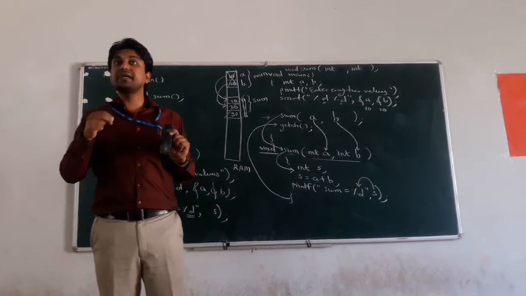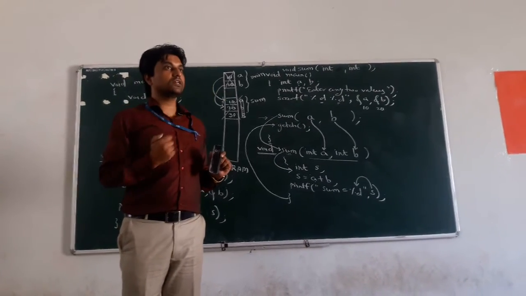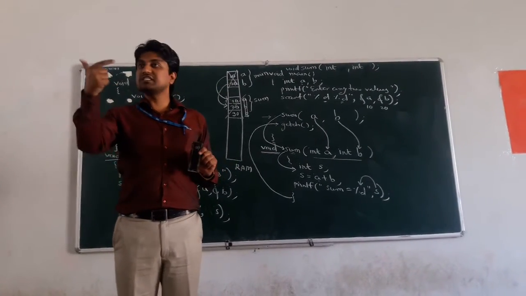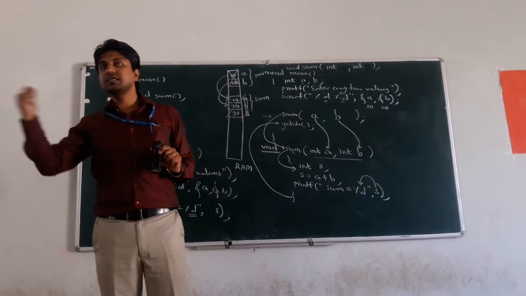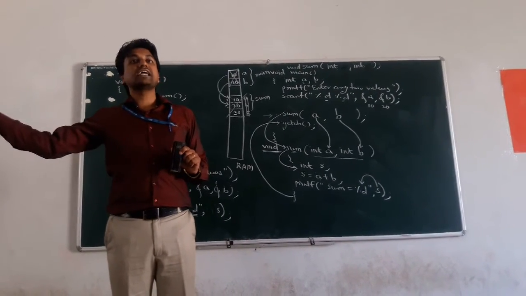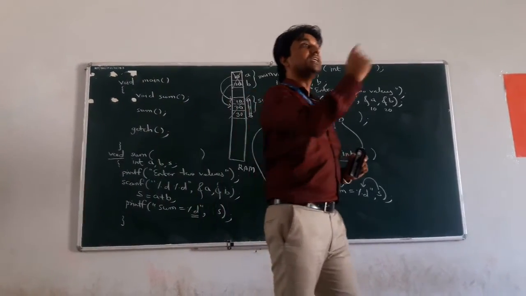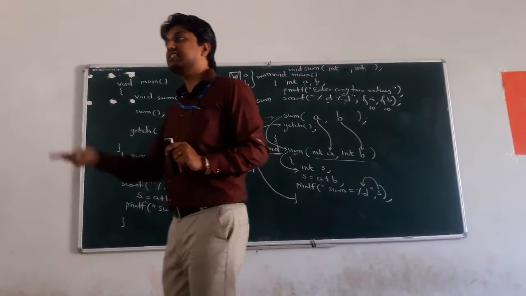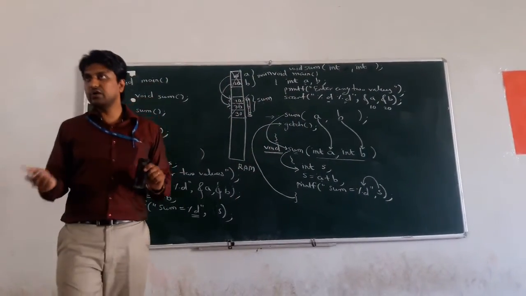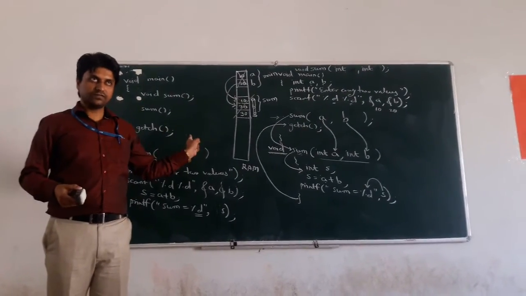Depending on the storage type, we know the storage location of the variable, the initial value of the variable, the lifetime of the variable, and the accessibility of the variable. Accessibility is also called visibility, and lifetime is also called aliveness. Clear? We have already discussed that part. These are the two types of functions.